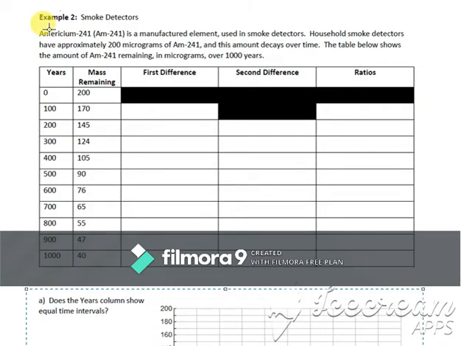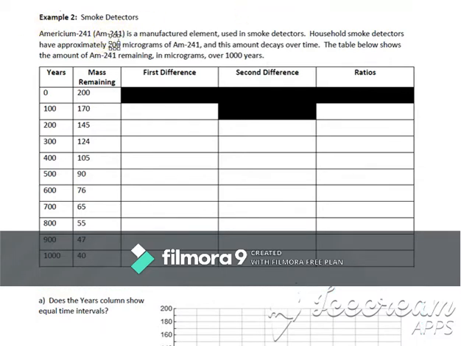Example 2, smoke detectors. Americium-241, so Am-241, is a manufactured element and it's used in smoke detectors. Household smoke detectors have approximately 200 micrograms of Am-241, and this amount decays over time.